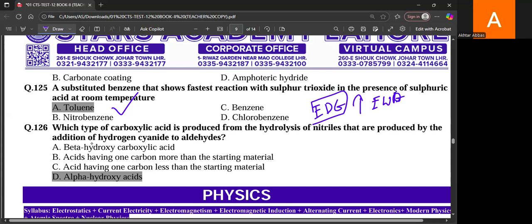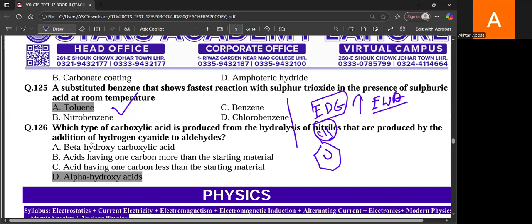Toluene is an electron donating group because it contains a CH3 group. An alkyl group is an electron donating group. So it is more reactive as compared with benzene, as compared with nitrobenzene, as compared with chlorobenzene. Now write the correct order of reactivity of these.